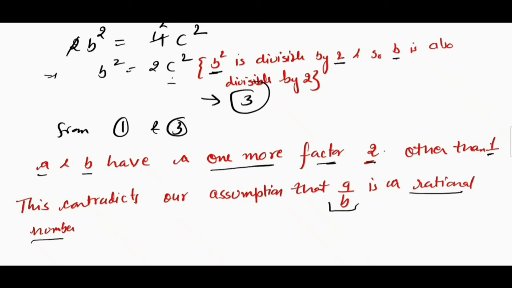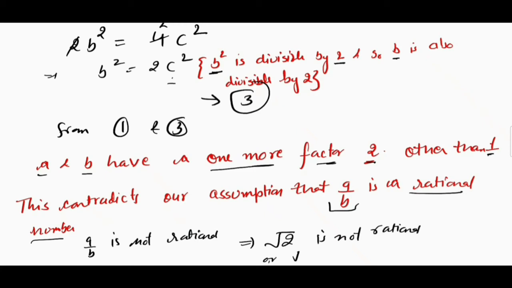Because a and b should not have a common factor other than 1. So we can say that a upon b is not rational. This implies that square root of 2 is not rational, or we can say that square root of 2 is irrational.